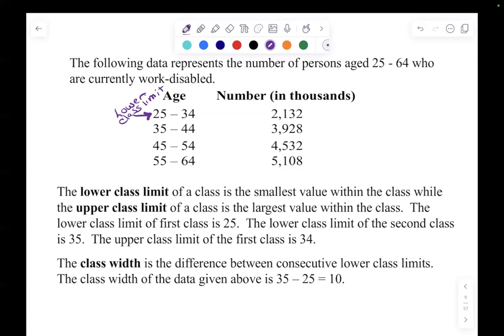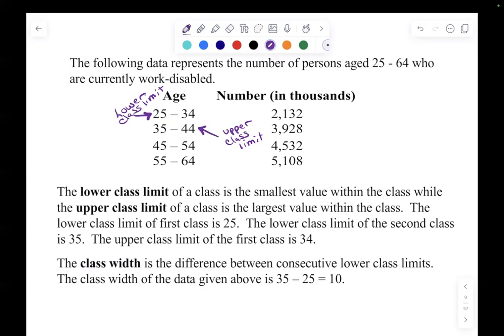The upper class limit is the largest value in the bin or class. So however high my value goes, the highest in that bin or class is the upper class limit. You need to make sure you're separating them into the same size.